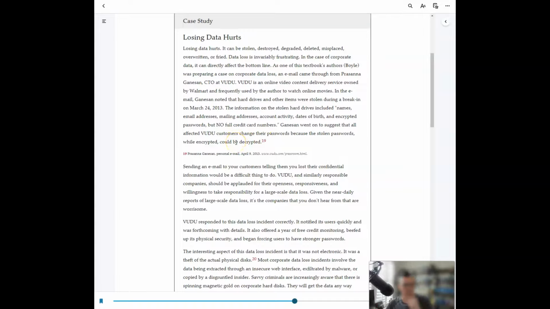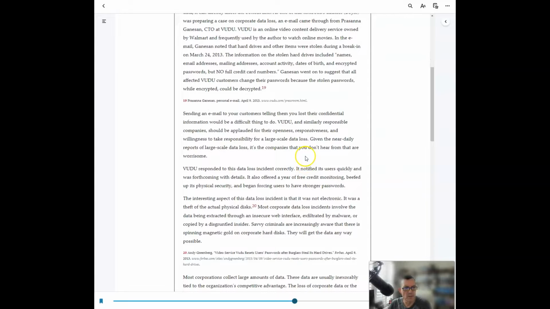And basically they talked about a break-in in which a bunch of hard drives were stolen. And on those hard drives were important customer data. Passwords, of course, were hashed, and there were no full credit card numbers. There's a little bit about what they had their customers do.